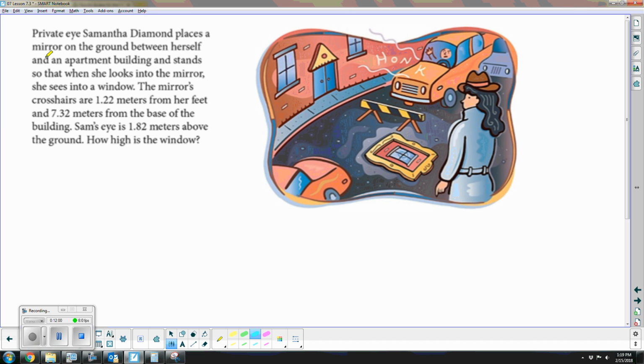So let's look at this next example. Here's a mirror. Take a second to read through this, or pause the video while you read it. Here's our mirror between Samantha and this apartment building.